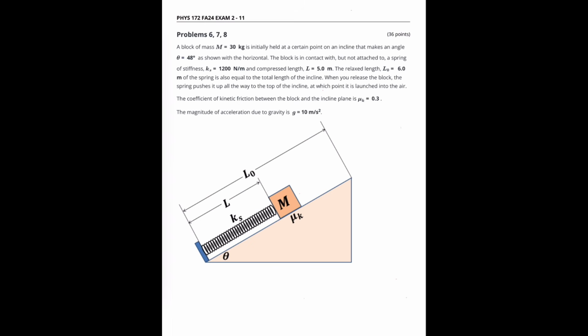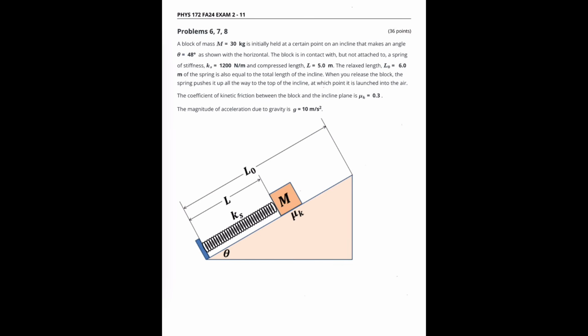The coefficient of kinetic friction between the block and the incline is mu k equal to 0.3. The magnitude of acceleration due to gravity is g equal to 10 meters per second squared. So before we solve this problem, I'm going to solve for v naught, the velocity of our block.